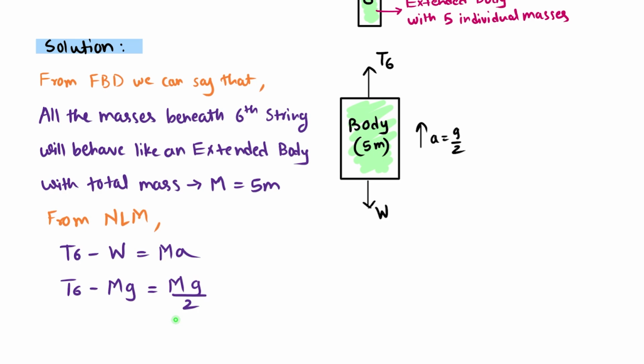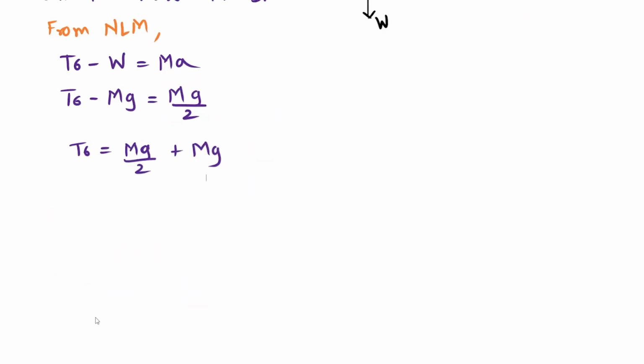Rearranging this equation with all the like terms on one side and the unknowns on the other side, we have Mg by 2 plus Mg. So this is half plus 1, which becomes 3 by 2. So the tension in the sixth string is 3 by 2 times capital M into g.